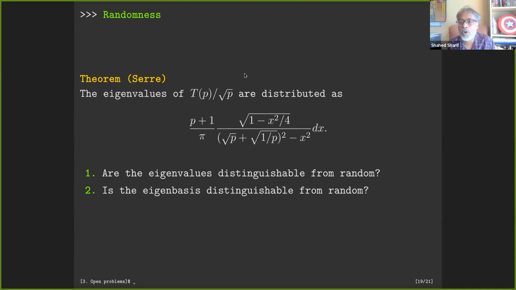So I have no idea what the data would look like that would tell you whether it's distinguishable from random. People have generated data, but just looking at the data, I don't even know what you would look for. So I guess I would answer, I don't really know. So yes, but in regards to this question, I don't know.